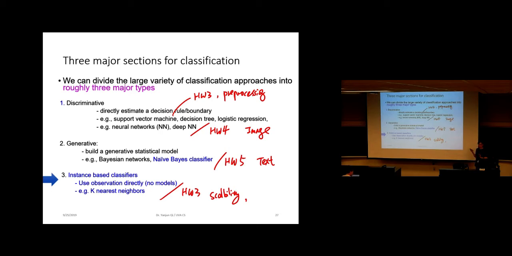Feature pre-processing and standardization are extremely important, and it's part of the design in homework 3. Homework 6 is an unsupervised model on the audio data. Question about the future? Homework 6 doesn't fit here, since it's an unsupervised model.